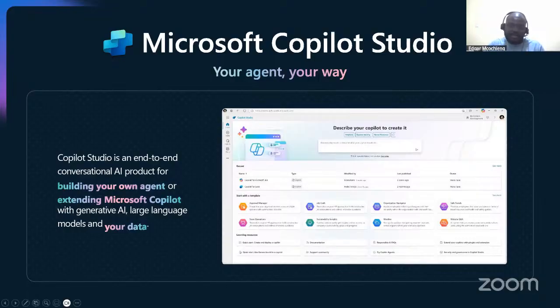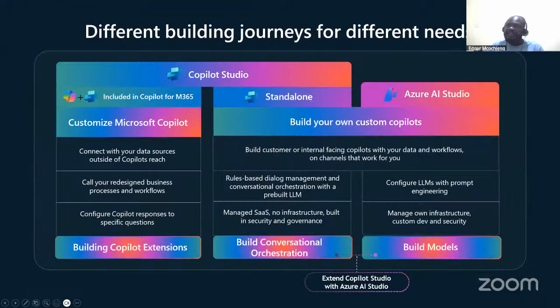So let's dive into the different ways we can build agents for different needs. The first way we can build agents is using M365. That's a totally low-code environment where we can create an agent from natural language. We can also create an agent from Copilot Studio, which is a low-code environment, and we can create it from a pro-code environment.